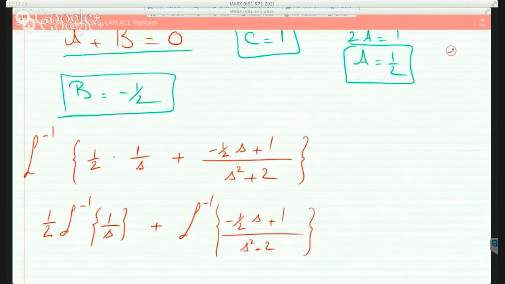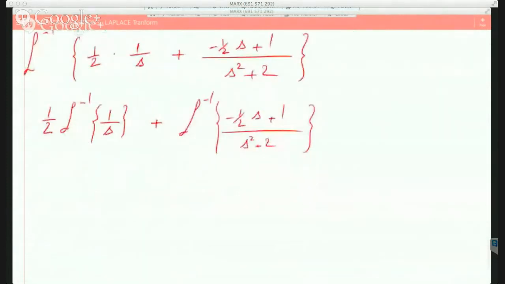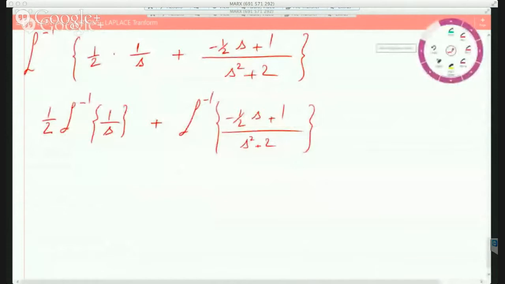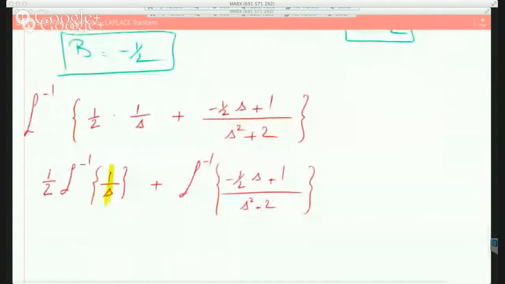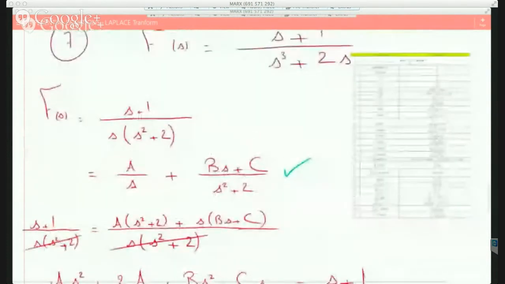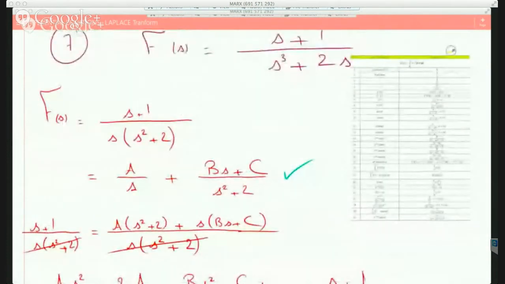Okay. So let's take a look at each one of those separately. The first one is easy. 1 over s is, if we look back in the table, a unit step.